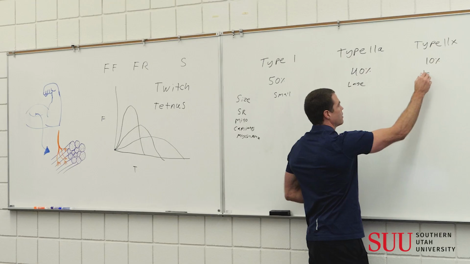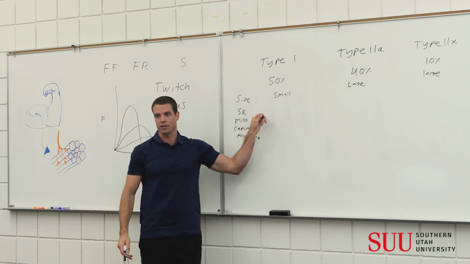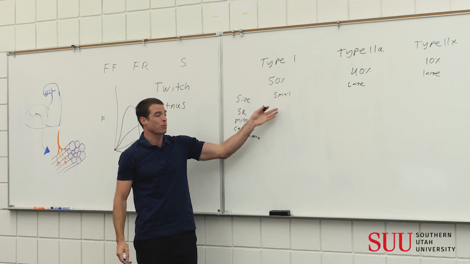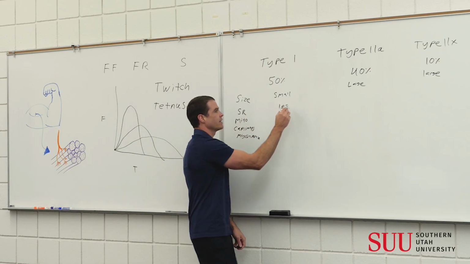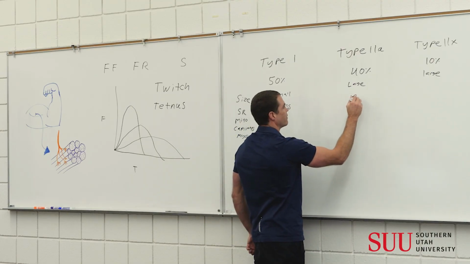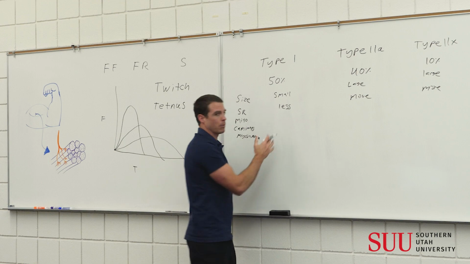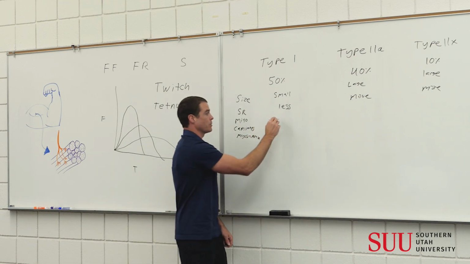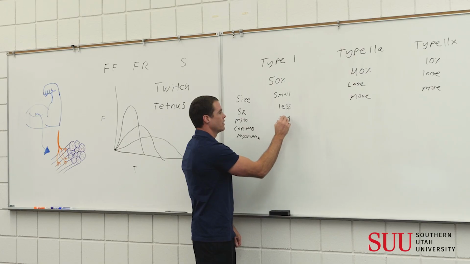This one will also be large, and then you can do the same with the sarcoplasmic reticulum, right? Well, type 1, you don't need a whole bunch, so you're going to have less of that compared to over here, right? You're going to have a lot more in these ones. You can have the mitochondrial density. Well, this is going to be super high, right? Maybe I can just draw arrows. This will be super high.